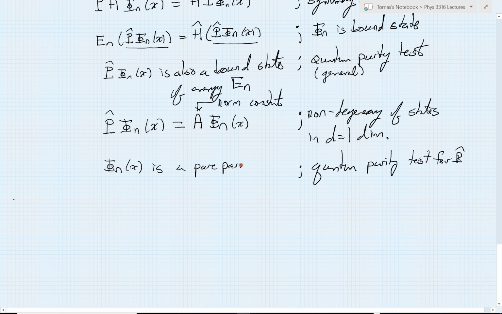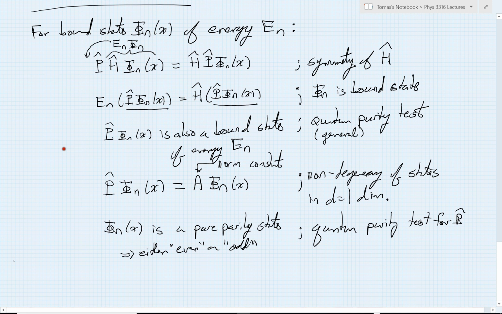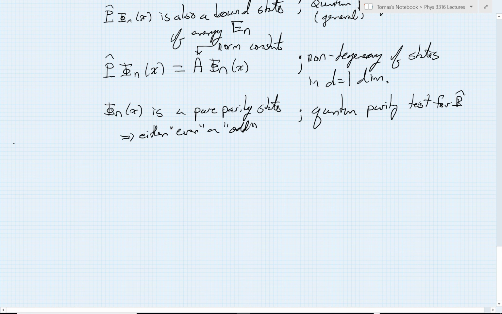And that's very exciting because this is a pure parity state. That means immediately it is either an even function or odd. And so we're led inexorably to this conclusion simply from the fact of this commutation relation. So we've proved it then.